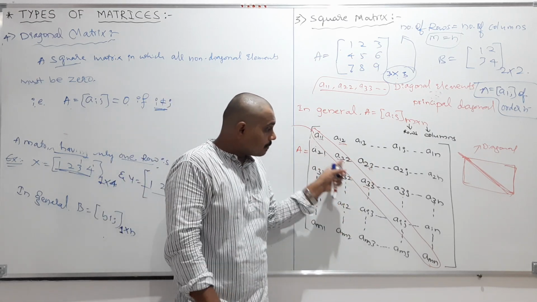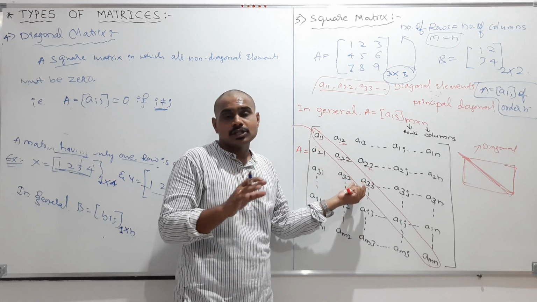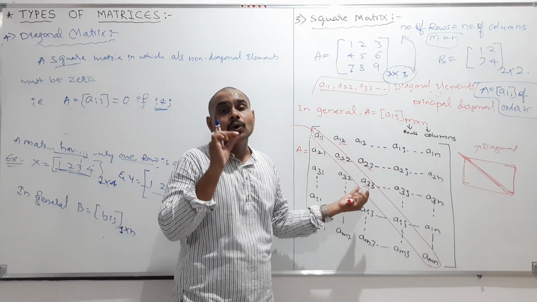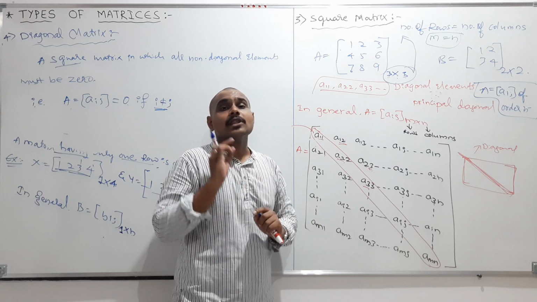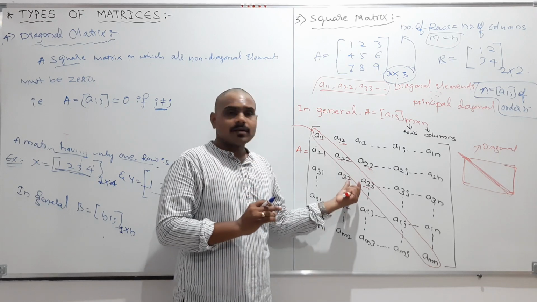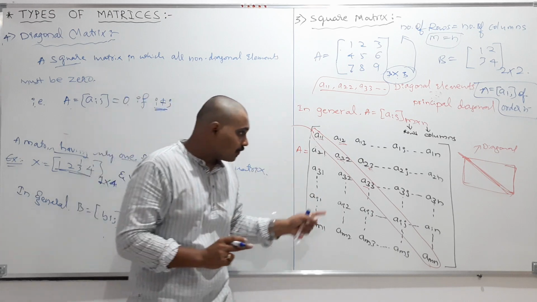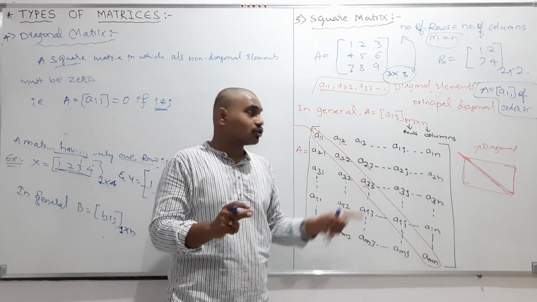But the diagonal elements may be 0, may not be 0. That I am not discussing. My condition is only that the non-diagonal elements must be 0. Whatever the diagonal elements may be, I am not worried about that.